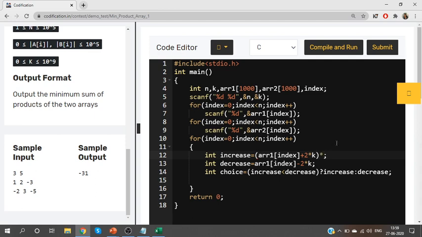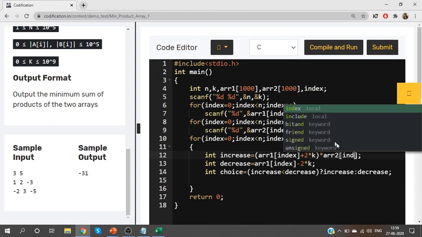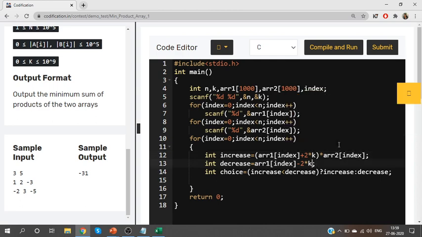Either increase the value and multiply array 2, or decrease the value and multiply array 2. Yes, based on the product only you will choose, right? So increase the value and find the product, decrease the value and find the product. Whichever product is lesser, we can choose that product. Okay. Next. Now I know whether I have to choose the increased value or decreased value.